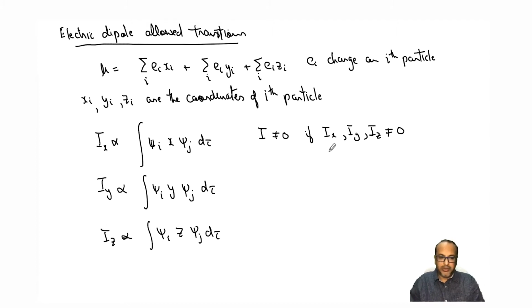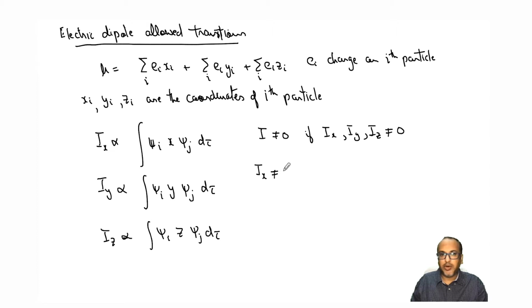Now the integration will be non-zero when the direct product of the IR representations of psi i, x and psi j contains the totally symmetric representation.